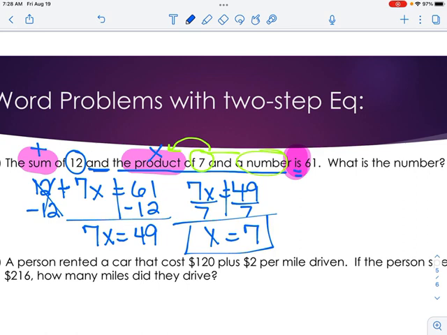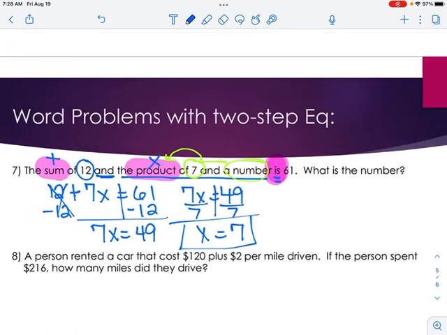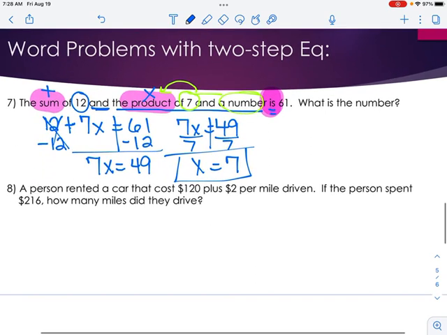Okay? Now, let's do more of a real-world example instead of just using math vocabulary. So let's take a look at this second one. It says a person rented a car that costs $120 plus $2 per mile. If the person spent $216, how many miles did they drive? Okay, so let's start to set up.